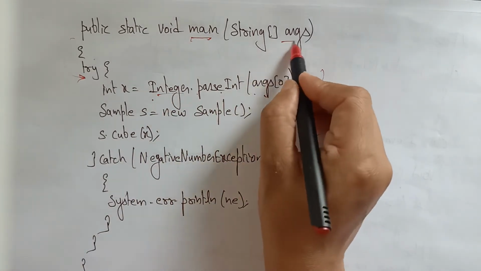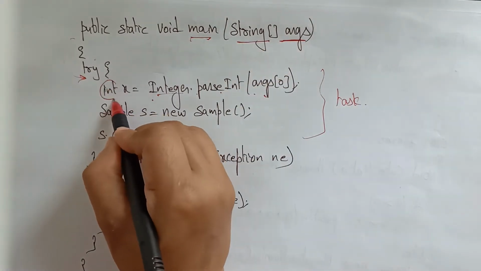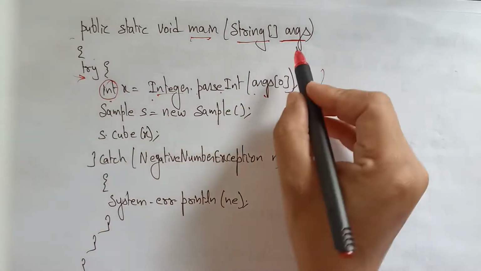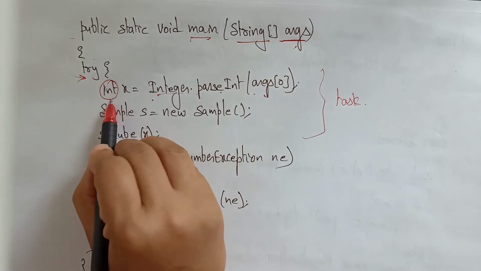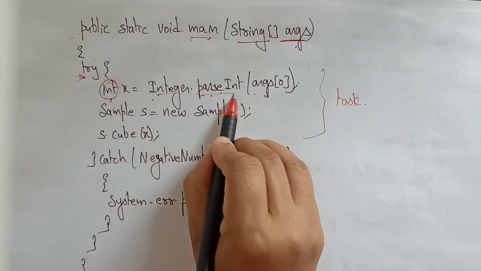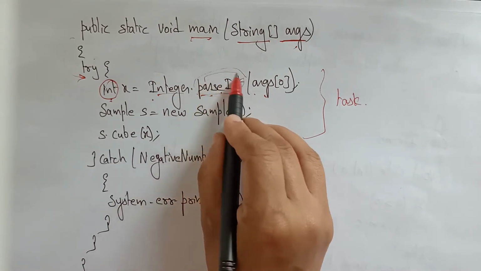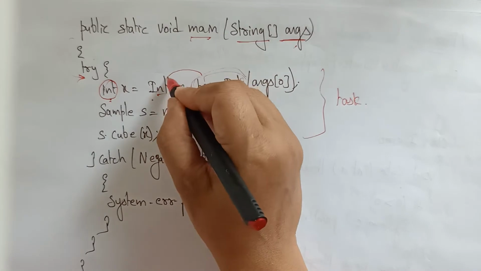Because here the argument is of string type, but here I am using the return type as an integer. The argument is string type and the return type here is an integer. So try to convert it by using parseInt. If you want to call the parseInt method, parseInt is present in which class? Integer class.